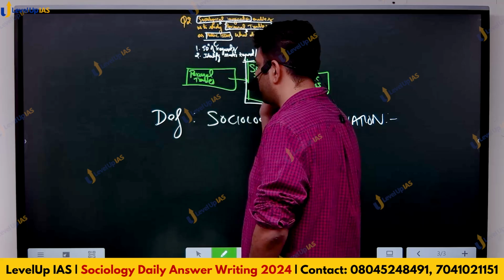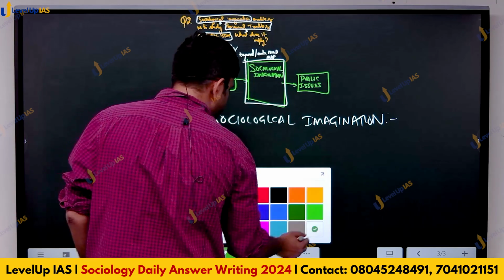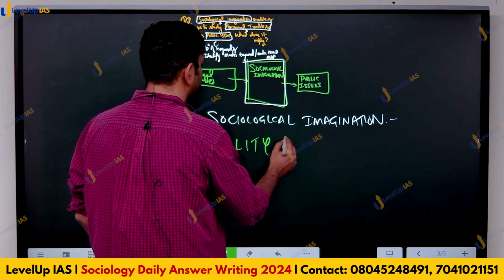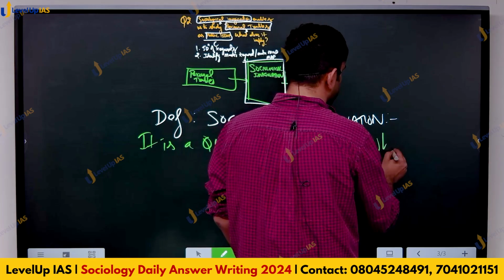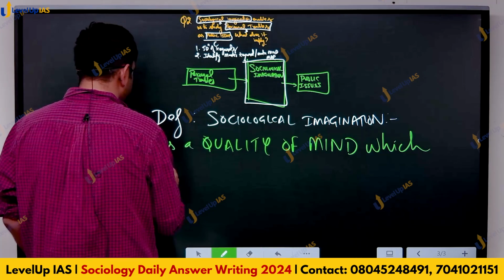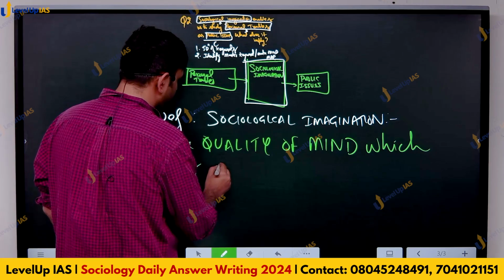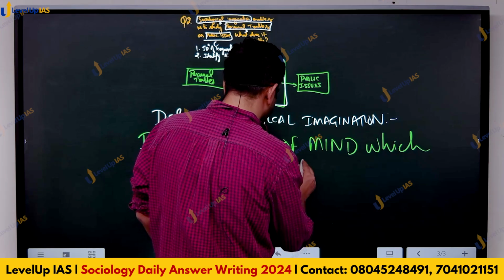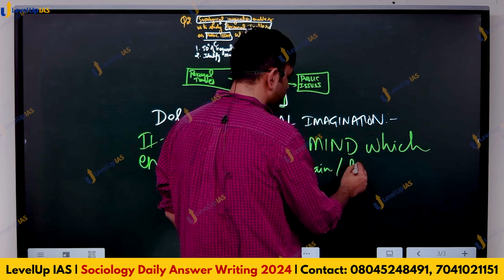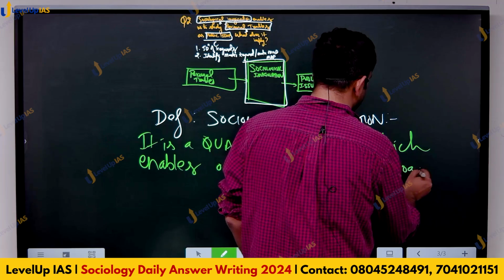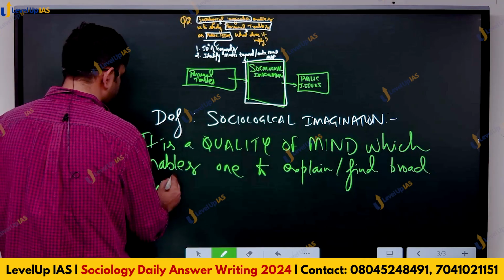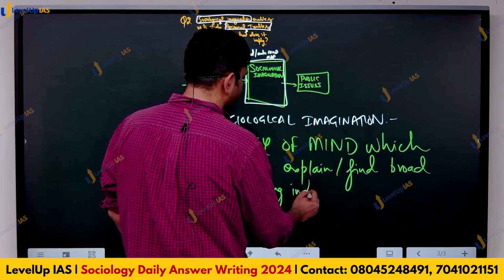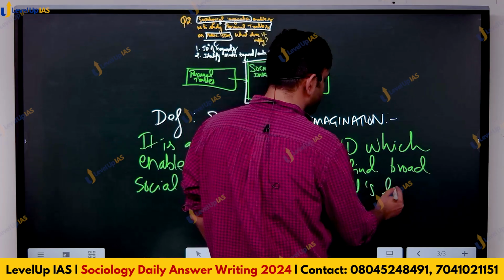So first we will define it. We will write: it is a quality of mind which enables one to explain or find broad social factors shaping individuals' lifestyle.